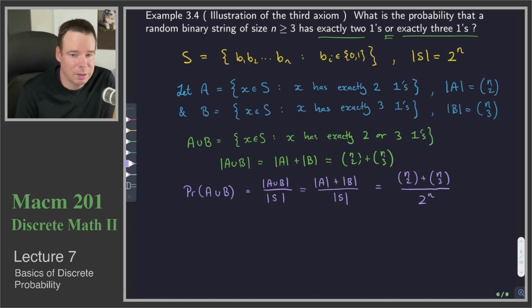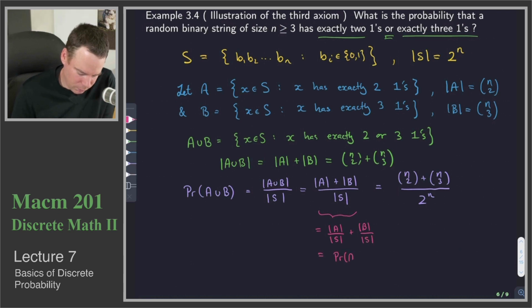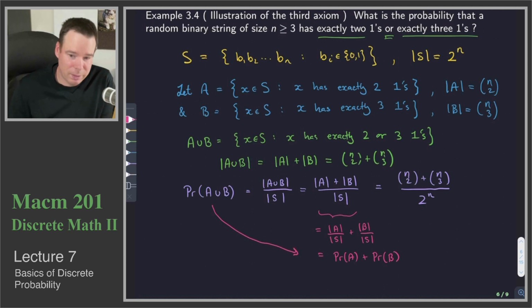Now I said I was going to make the connection with the third axiom, so we'll do that here. We just notice that this is equal to the size of A over the size of S plus the size of B over the size of S. And that's the probability of A plus the probability of B. And therefore, this is equal to that, and that's what axiom 3 was telling us.